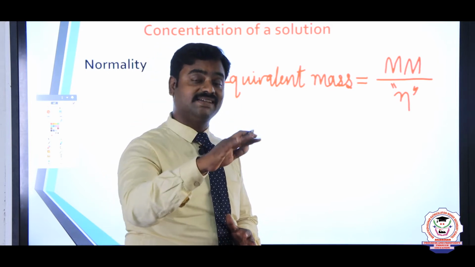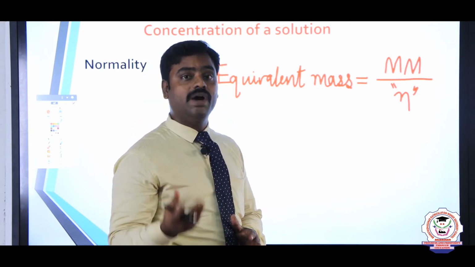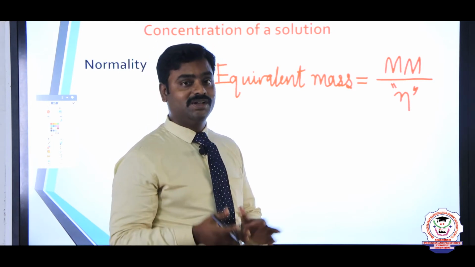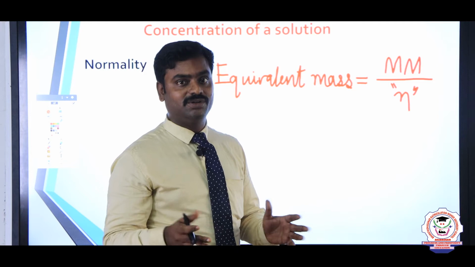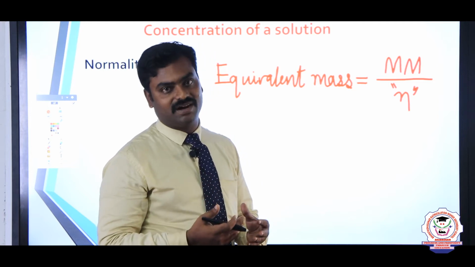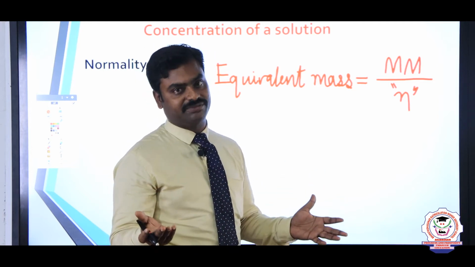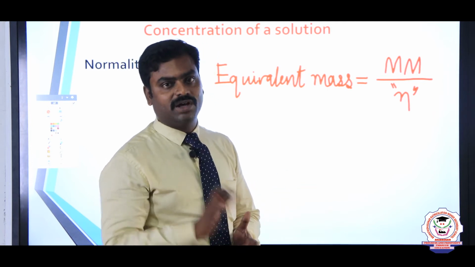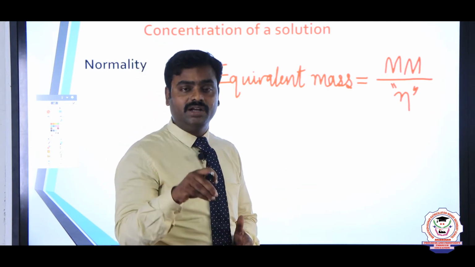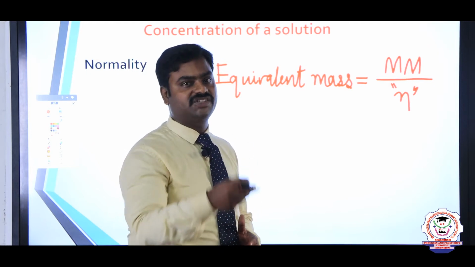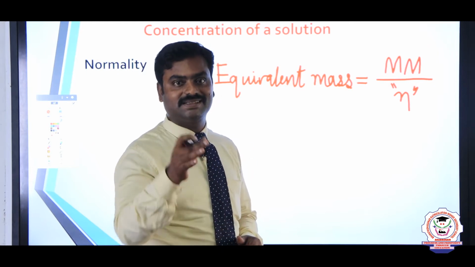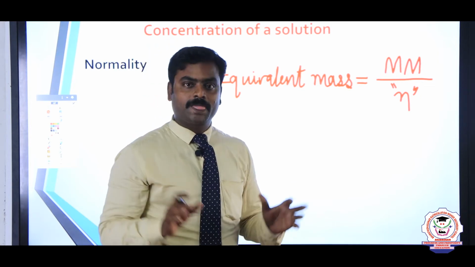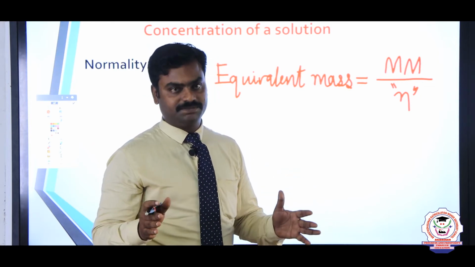For bases, which are OH- ion donors, we find the number of OH- ions, and then we can easily find the n factor. What about neutral components? For neutral components we find the change in oxidation number, which is the n factor for ordinary substances.